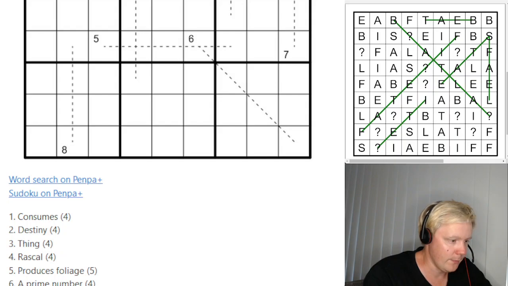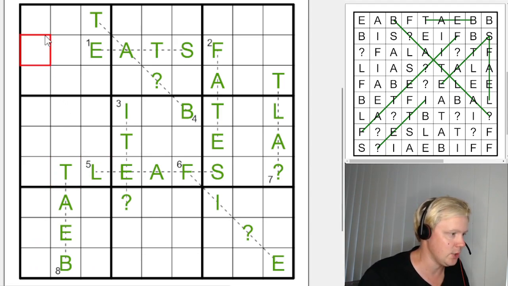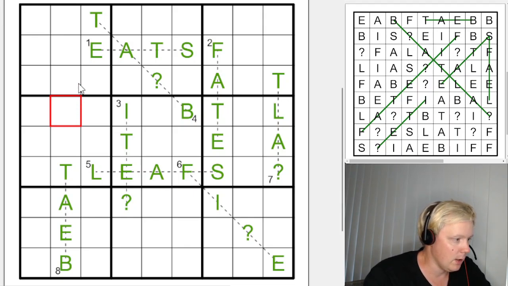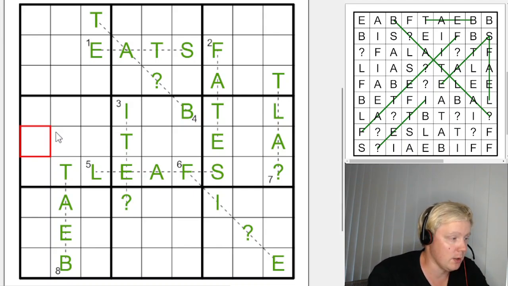So remember, this was an anti-king move Sudoku, and what that means is, in chess, a king can move to any of these 8 squares if you have a king here. And an anti-king Sudoku means that you cannot have the same character a king's move away.